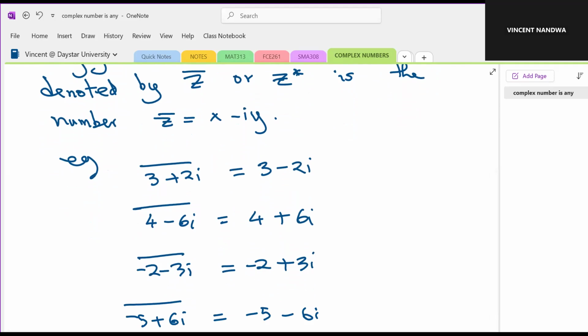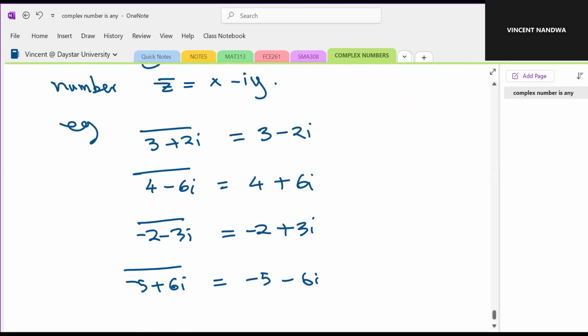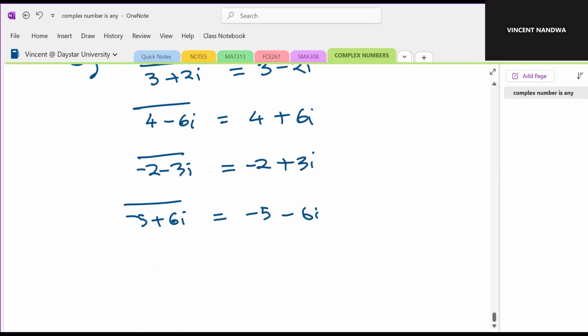And then there are some properties of complex conjugates, so I can put it in the form of a theorem.